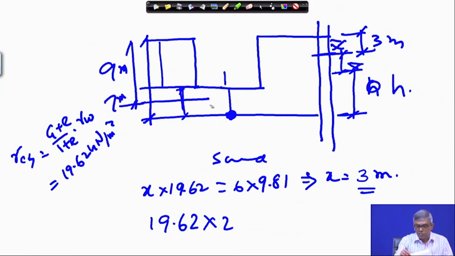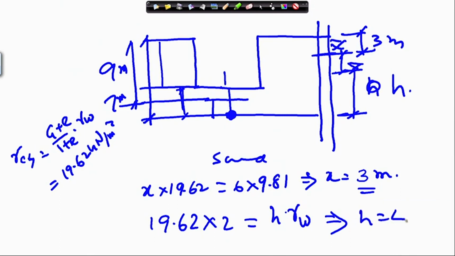So, that means soil will be above this, 2 meter. 19.6 into 2 will be equal to h into gamma W. So, final water table, where it will be, suppose that is h. From this, if I get h become 4, initially it was 6.